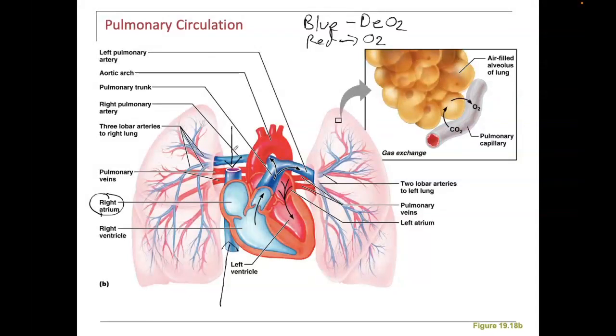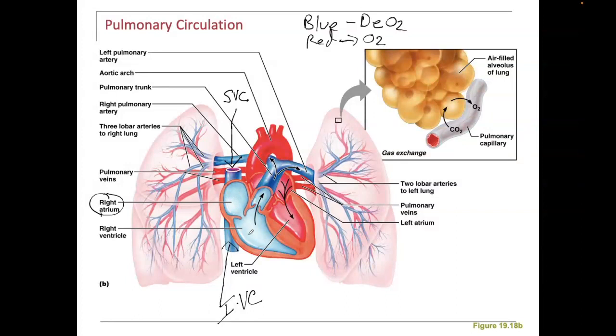When all the blood is deoxygenated, it has to find a way to get back into the right atrium. So it's going to use this vessel that's called the superior vena cava. And all the deoxygenated blood from the lower part of the body has to find its way in from the inferior vena cava. They bring blood into the right atrium.